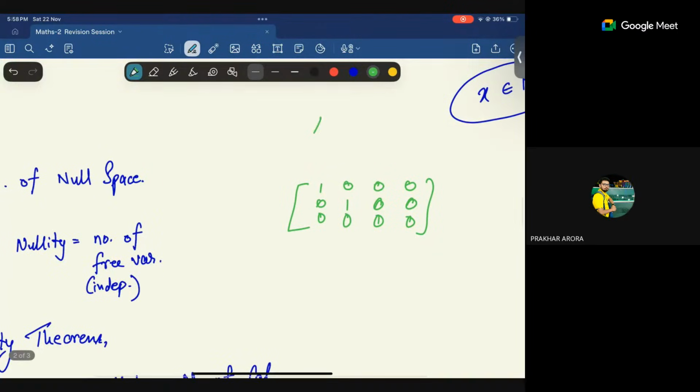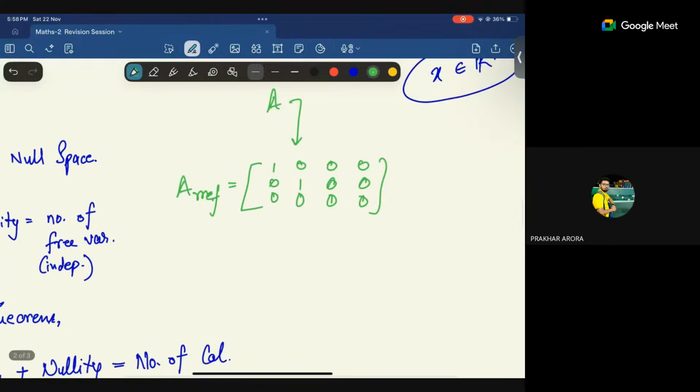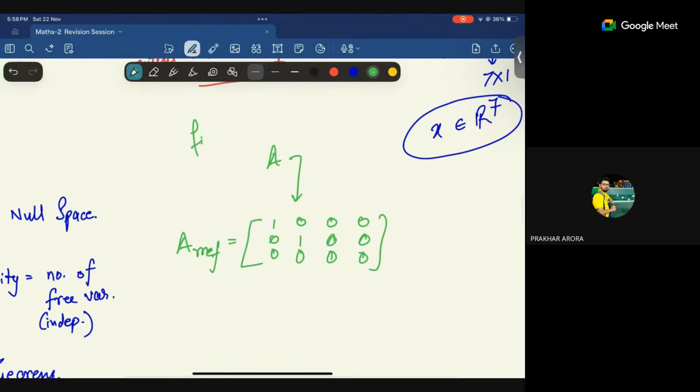I don't know what matrix I had earlier, but the RREF of that matrix looks like this. My original question was to find the nullity of A.